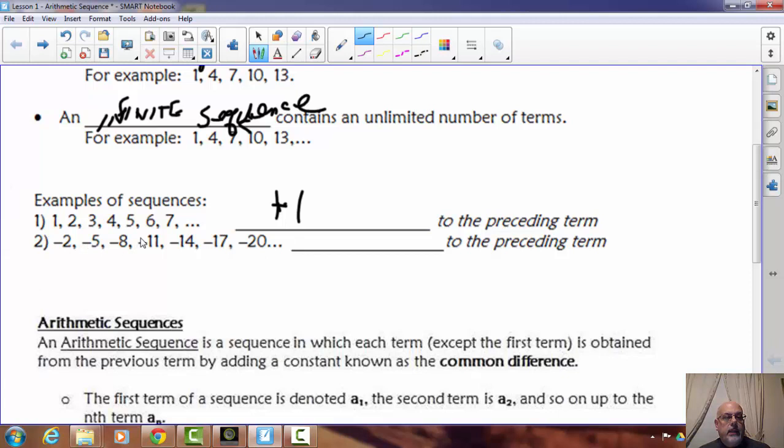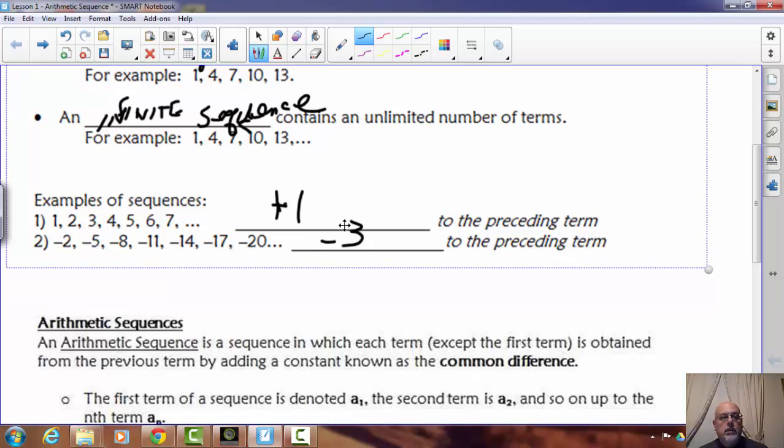Numbers are going down and down and down. And how do I get my next term? I subtract 3. So we subtract 3 to get to the next term.